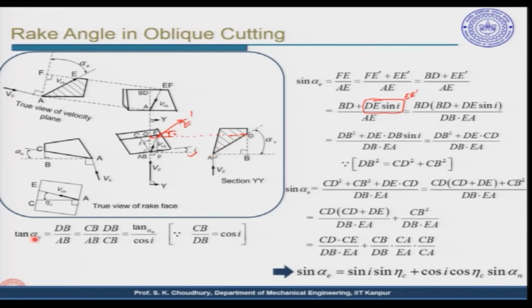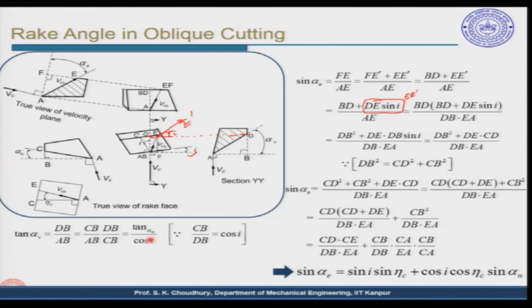The tan of alpha v from this triangle is dB by AB, and dB by AB can be written by multiplying both sides by CB. CB by AB will be tan of alpha n, the normal rake angle, and CB divided by dB will be cos I.